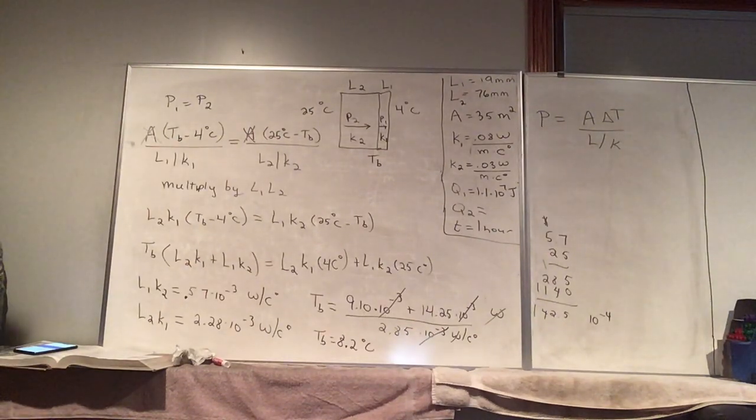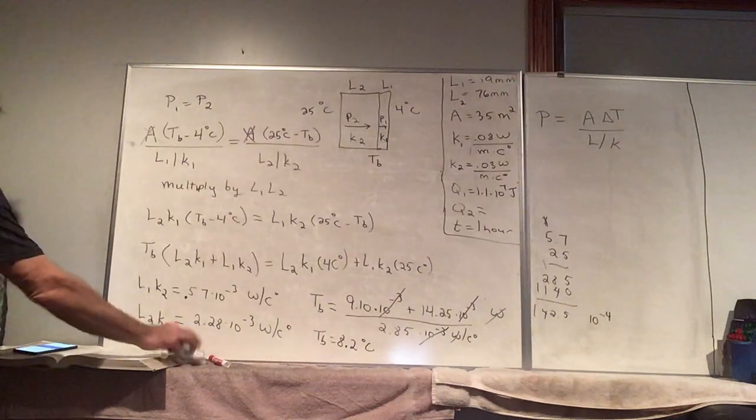Should have just done this from the beginning. Yeah, that one is 0.57 times 10 to the negative 3. And then L2K1, 76 times 0.08. Oh, I got that one totally off for some reason.